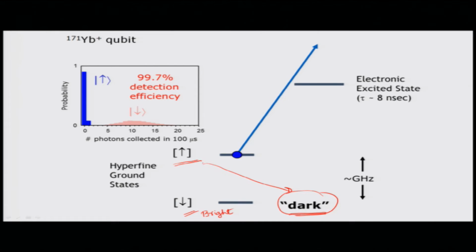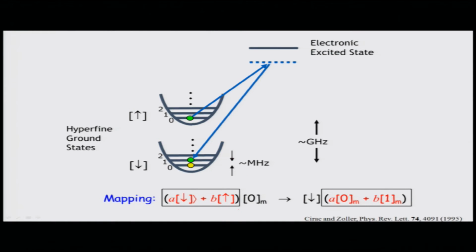So, this corresponds to the dark state, and this corresponds to the bright state. These hyperfine ground states are the ones which are utilized for getting into these states, which have been put together in terms of the mapping which are shown here.